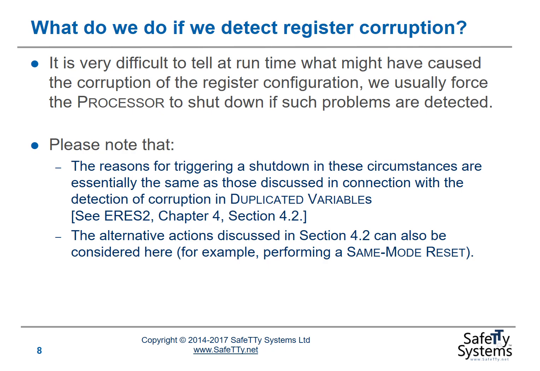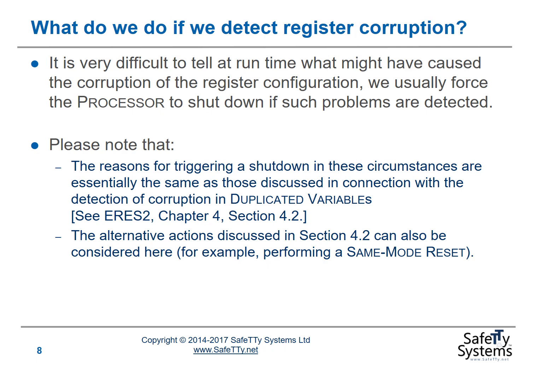So what do we do if we detect corruption of a register? So we find that a port pin we were expecting to be configured in a particular way is not configured in that way. By default, we will shut down the processor in which we detect the register corruption if such problems are found.